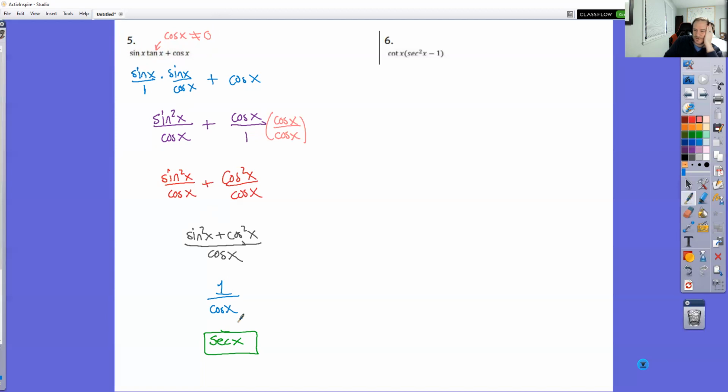Secant is 1 over cosine, so we already know that cosine cannot be 0. So in my opinion, there are no new restrictions that need to be placed on this. We have not lost any of those restrictions. So no restrictions needed. Period.